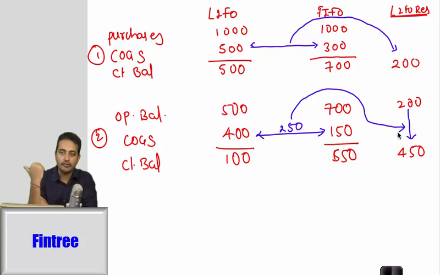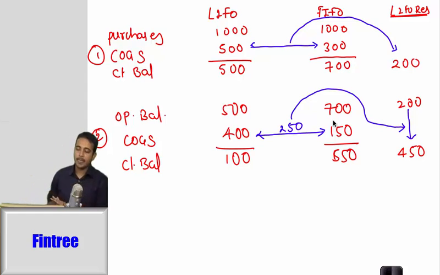So read 450 and 200. 450 is equal to 200 plus bracket open LIFO COGS minus FIFO COGS for that year. Yes. Meaning opening was 200. If you add 250 to it, you would get 450. And where is 250 coming from? 400 and 150 difference. It is difference of 400 and 150. Is that fine? Please write down the example.